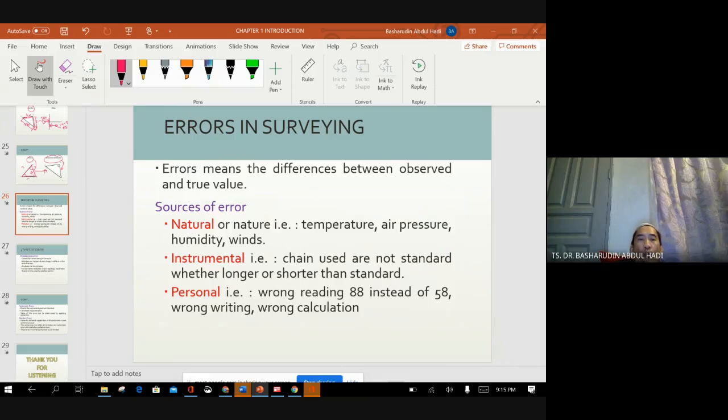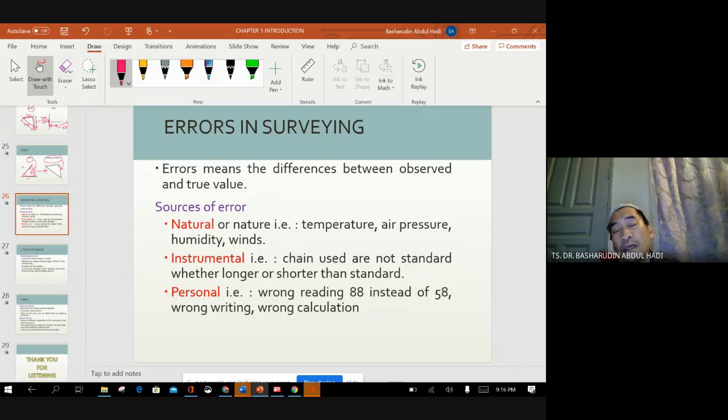Okay, what is error in surveying? We are doing a survey, and we say that we are doing things correctly, with very good readings, we don't make errors, we control the error. Actually, for Malaysia, this one does not really affect us.